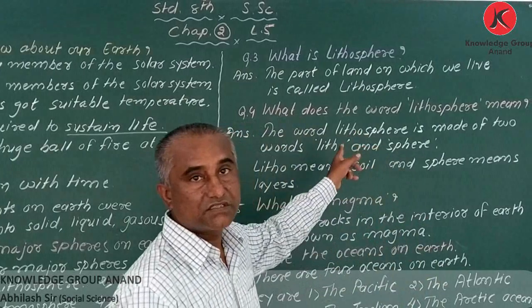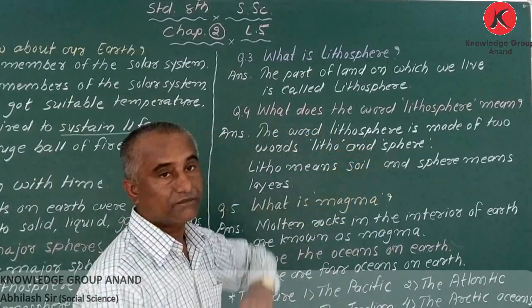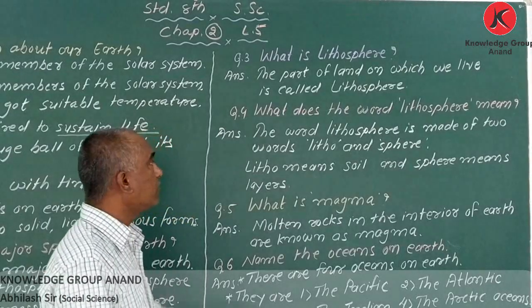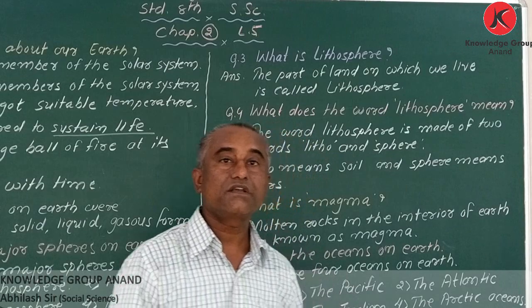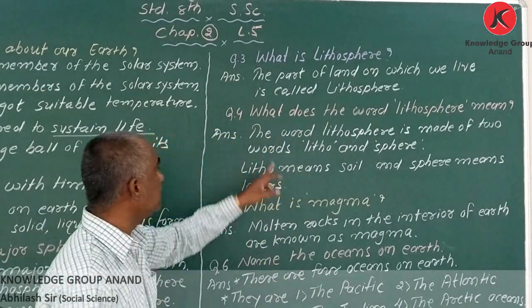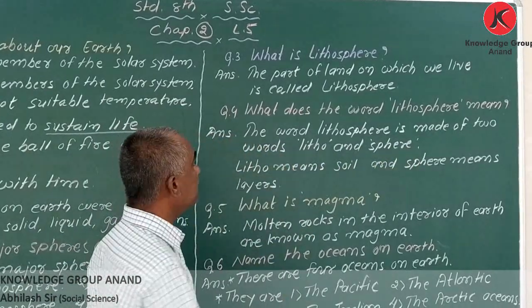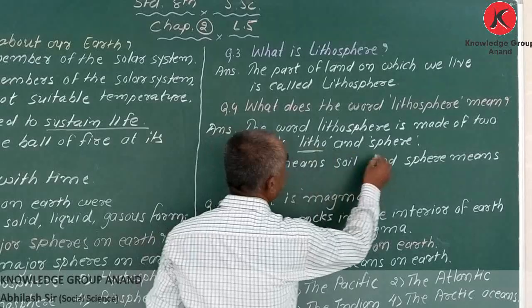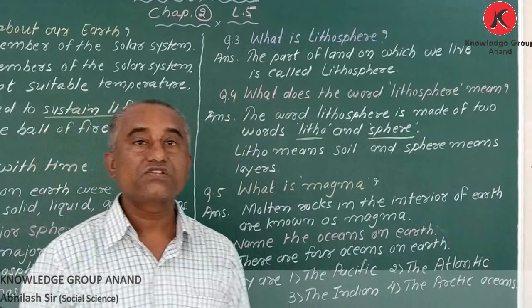My next question is about that. What does the word lithosphere mean? I said the word lithosphere is made of 2 words, litho and sphere. Which are the 2 words? Litho and sphere.